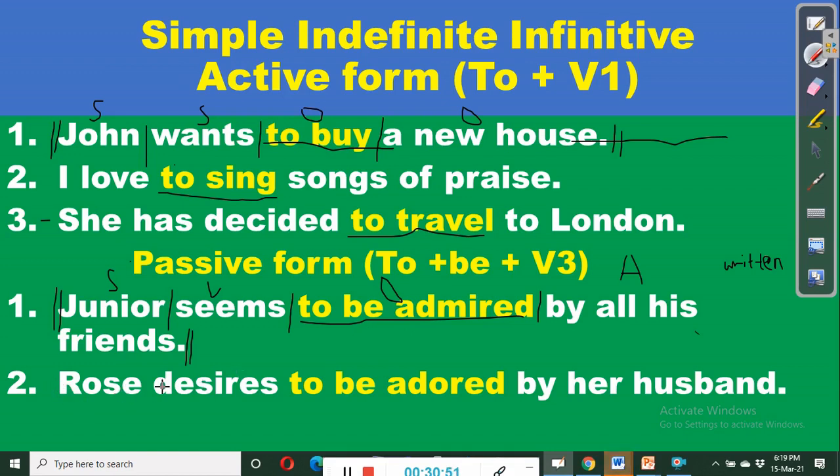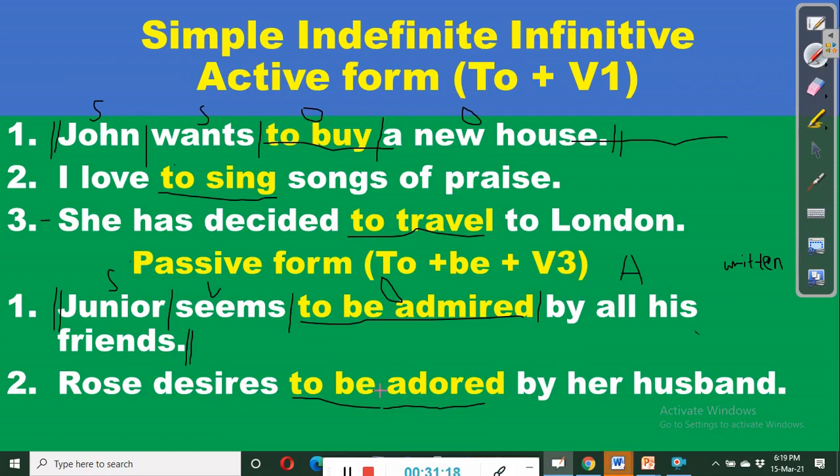Now let's examine the second example under passive form. Rose desires to be adored by her husband. Now you can see, please, I want you to look at this quite well. We are not cancelling it. We are just underlining. Now, the infinitive here is to be adored.